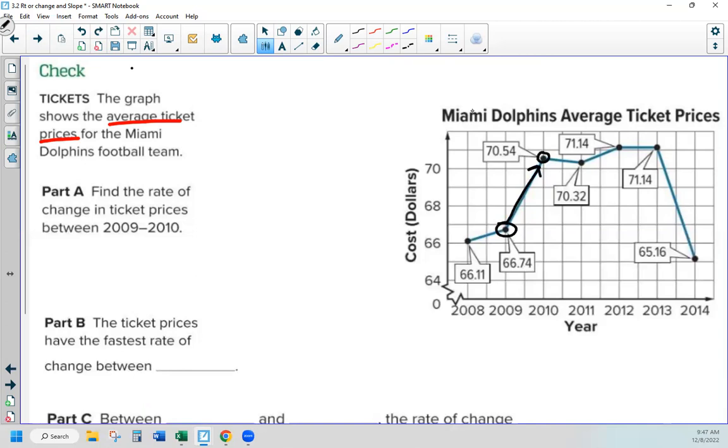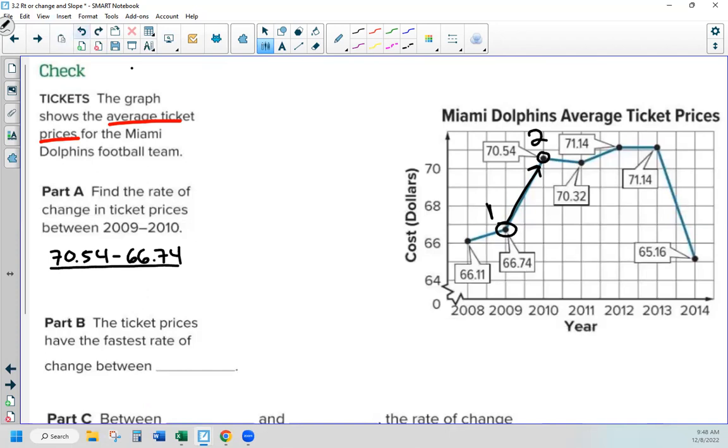So I'm going to go from that point to that point. Let's call this point number 1 and point number 2. My Y value from point number 2 is 70.54 minus the Y value of my point number 1, which is 66.74. Remember that Y value is always your height. And then your X value is just pretty much right here.